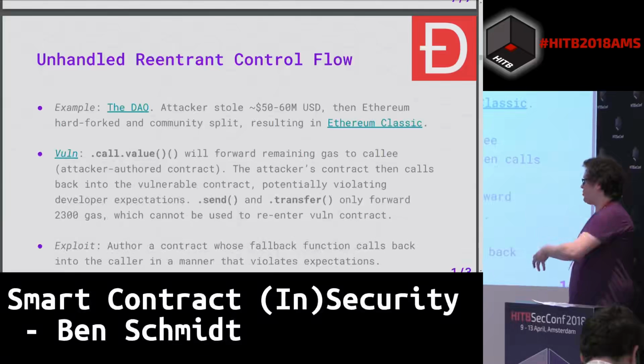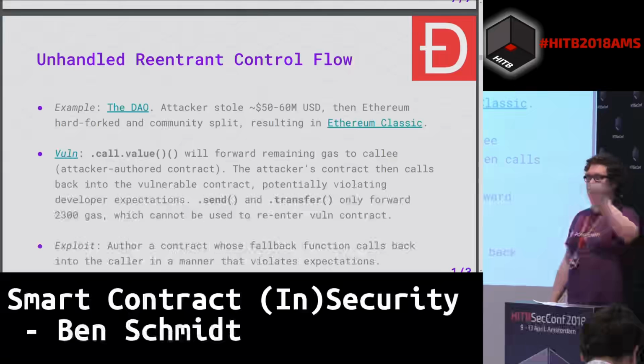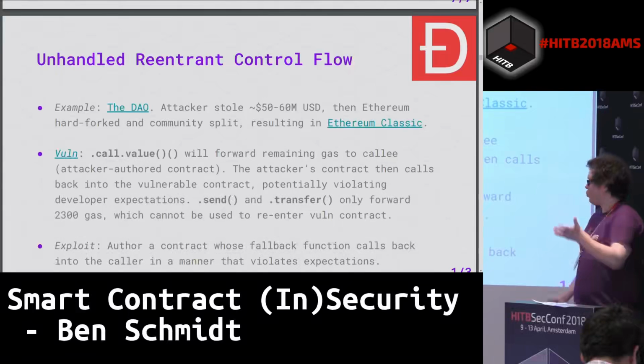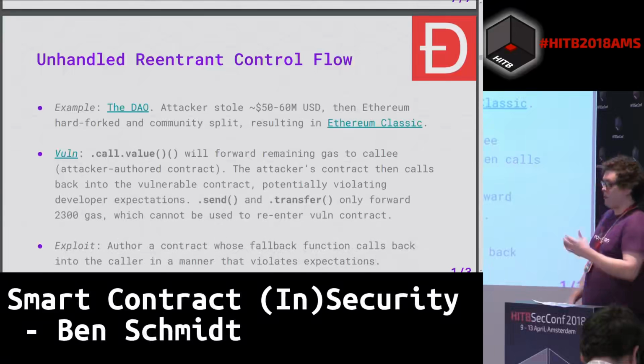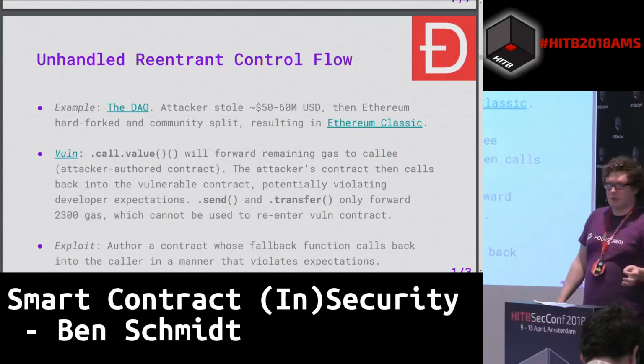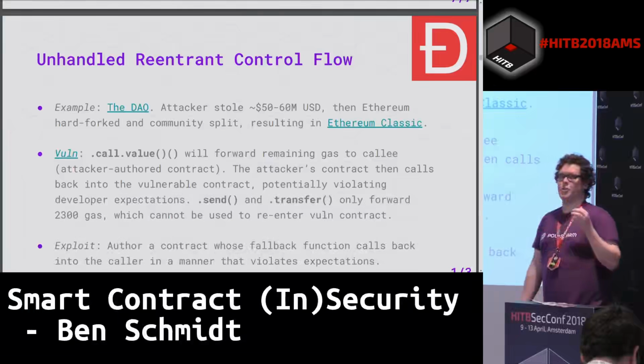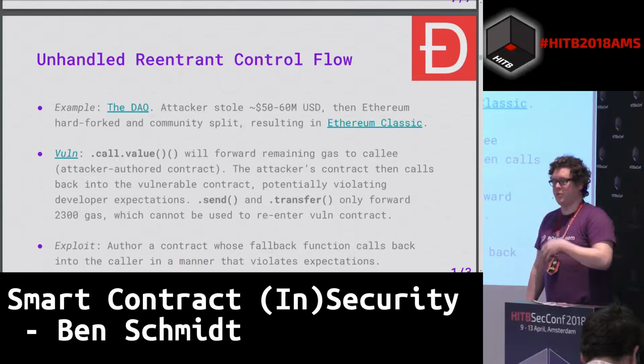So the attacker's contract can then go back into the vulnerable code as many times as it wants to and change various things about the state, which could potentially violate developer expectations. The correct way to do this is actually to use the functions .send or .transfer, which basically prevent you from doing this because they limit the amount of gas to execute the transaction.